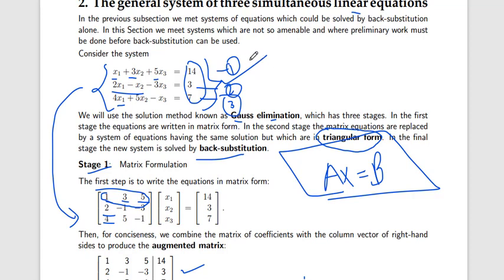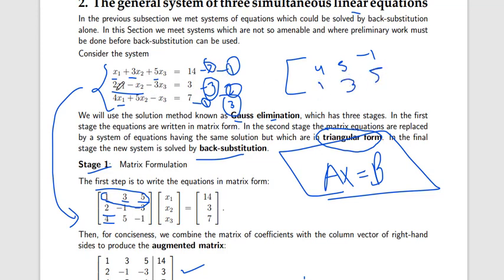If we rename the equations, the first row becomes 4, 5, minus 1, the second is 1, 3 and 5, the third is 2, minus 1, minus 3, and on the right side 7, 14 and 13.